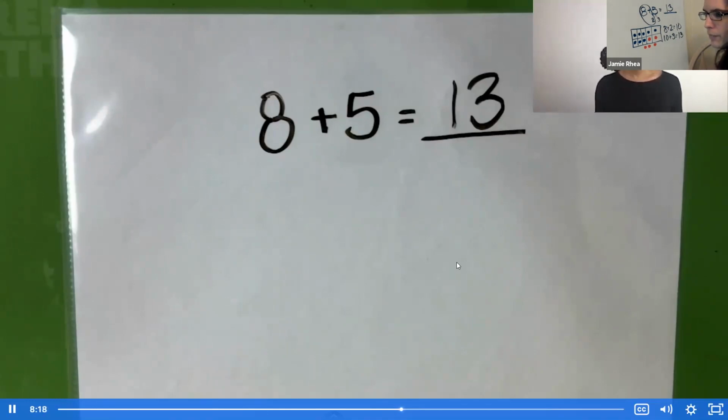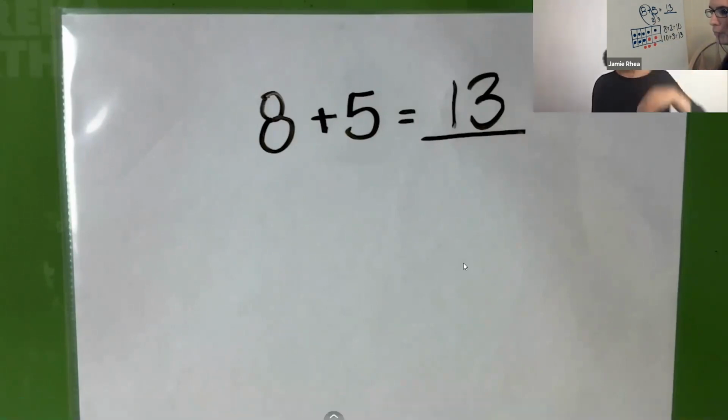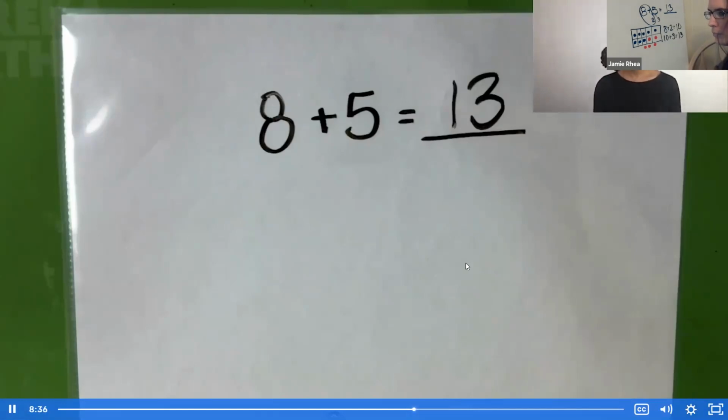Let's make a number sentence to show how we made 1 10 and then added extra ones. How many more does 8 need to get to 10? We decided it needed 2 more. That's right. Let's break apart 5 into 2 and 3.